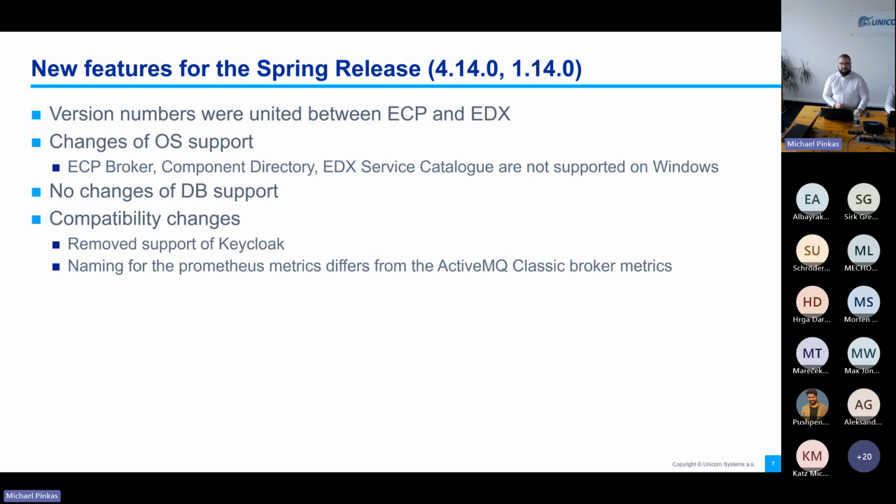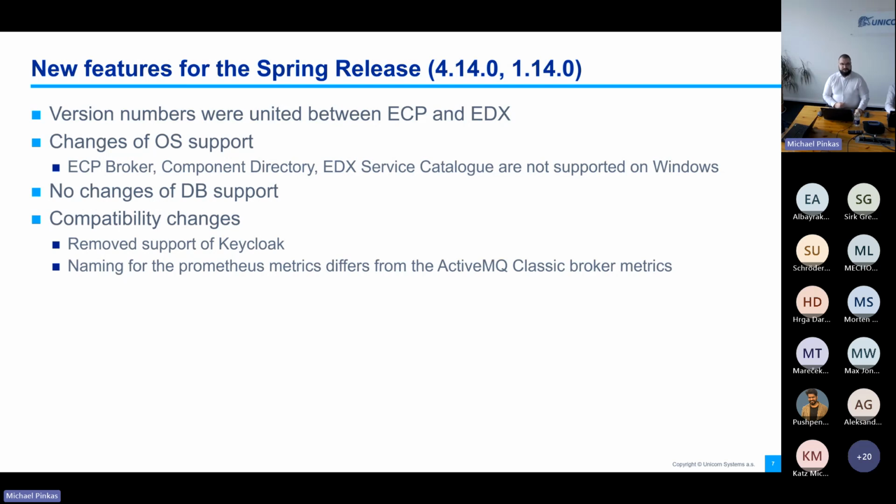Since this release, the minor versions of ECP and EDX were aligned together, so it won't be as confusing as it was before. So this release has versions ECP 4.14 and EDX 1.14. This means that ECP 4.13 does not exist.